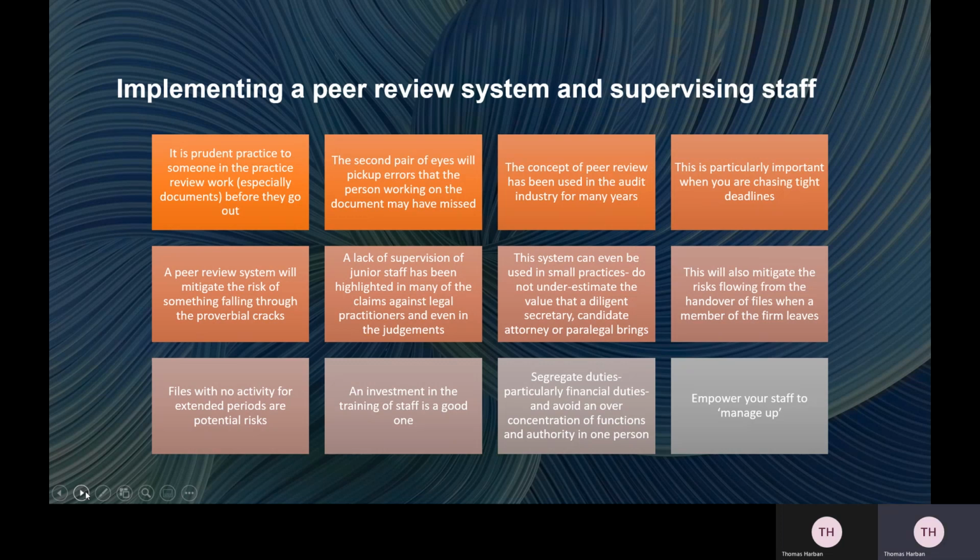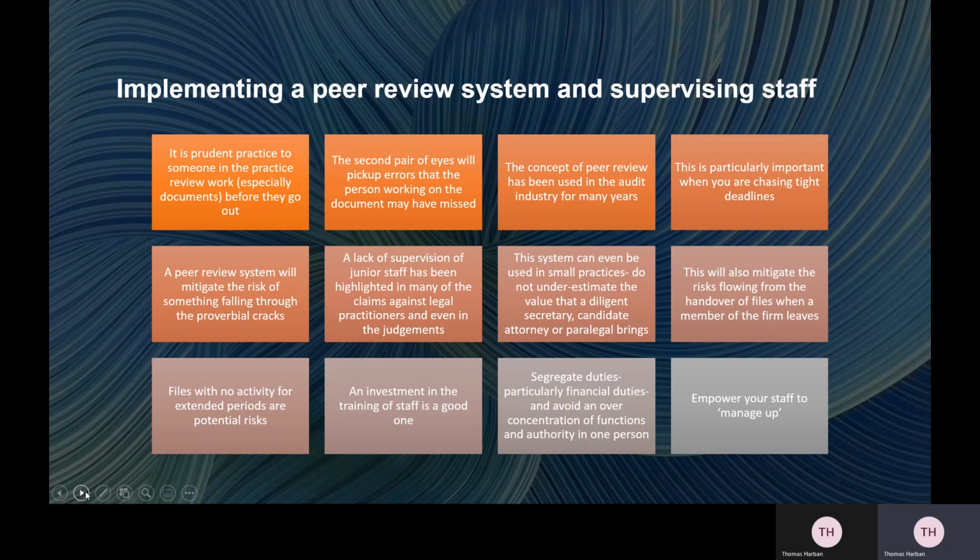A third option, which I read about recently from an attorney in the USA who specializes in professional indemnity claims against attorneys, is that he says that practices should consider a rotation system, which means that if, for example, a file has been on your desk for a month and you still haven't opened it, after a month it should move to someone else in the practice.